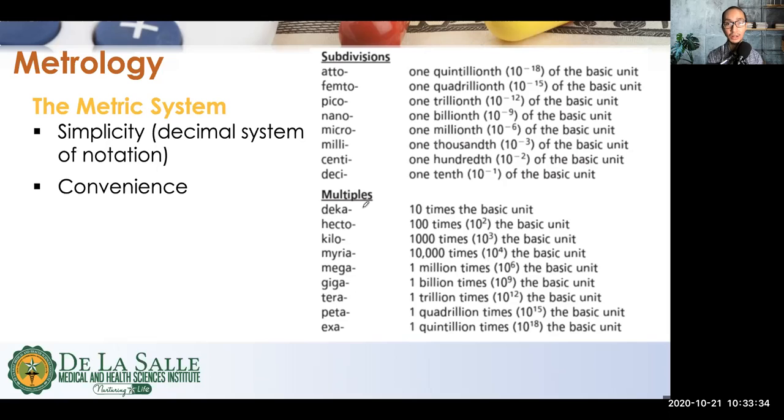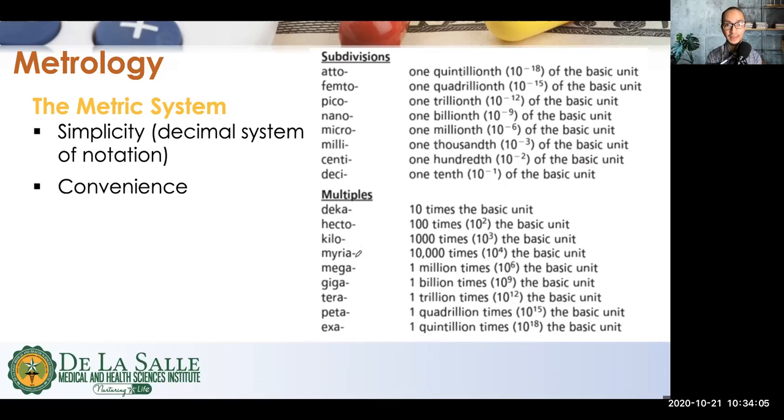Now, if it is a multiple of a meter, let's say 1,000 meters, we call it a kilometer. If it is 1 million times the basic unit, let's say meter, we use the prefix mega. So it's easy to remember the different denominations in the metric system because of the use of the decimal system of notation and the prefixes.